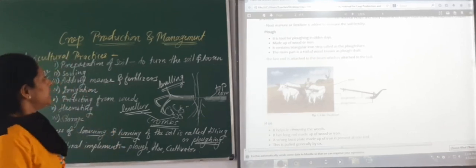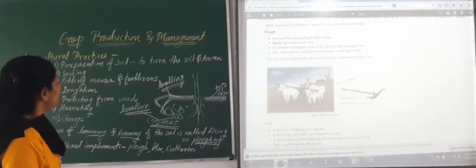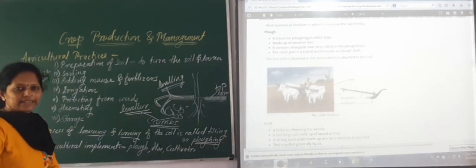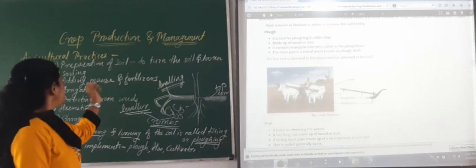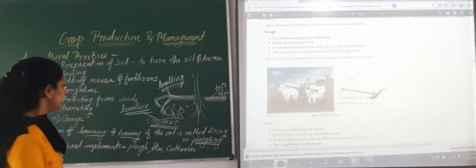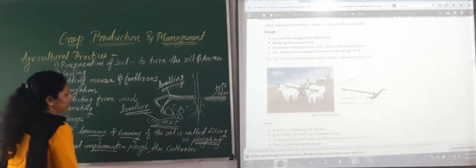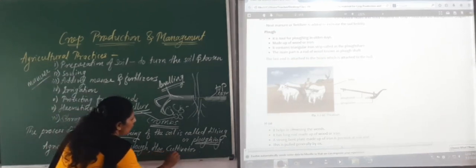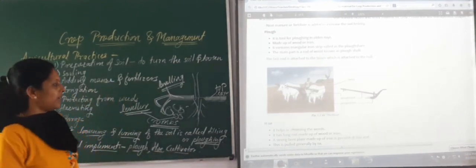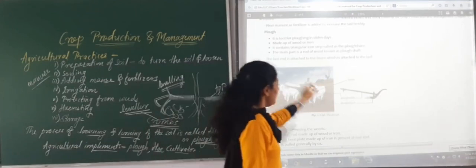So there are different types of agricultural implements used in the preparation of soil. Which are those? Among the agricultural implements there are the plow, hoe and cultivator.